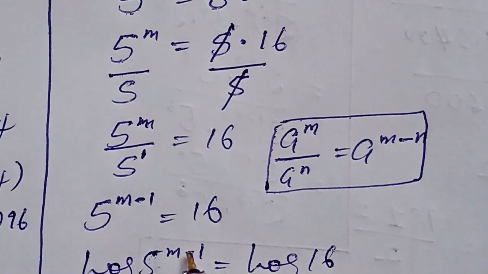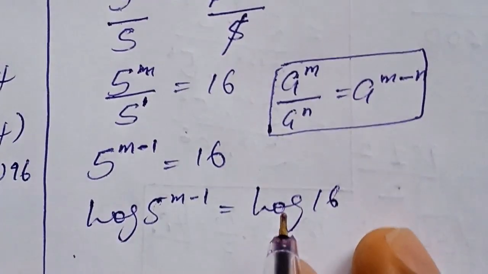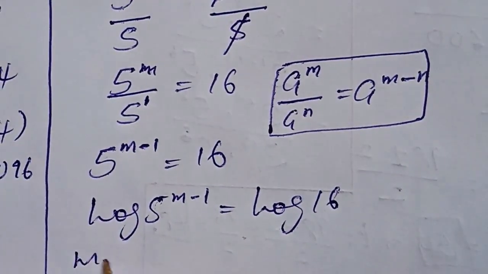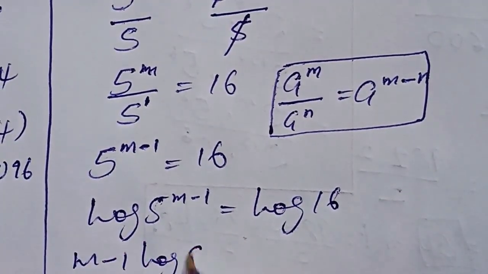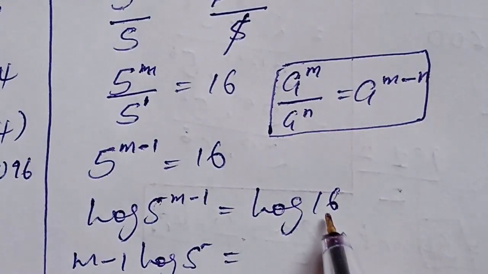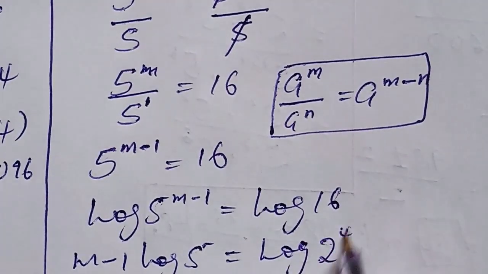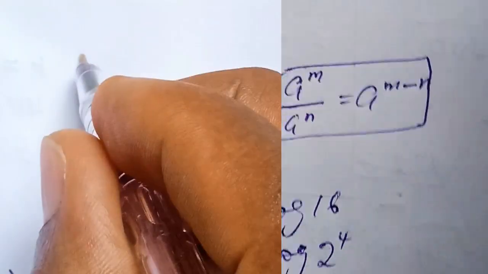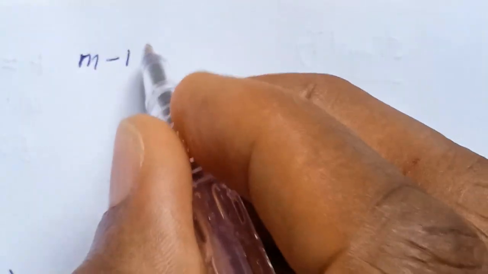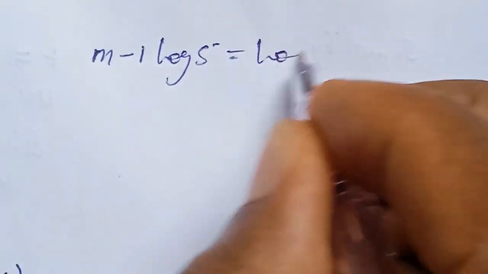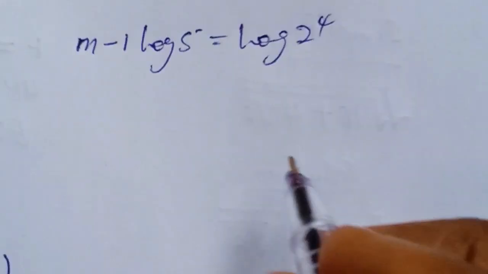Then this power, which is m minus 1, can come to the base. So we now have m minus 1 times log 5 equal to log of 2 to the power of 4.